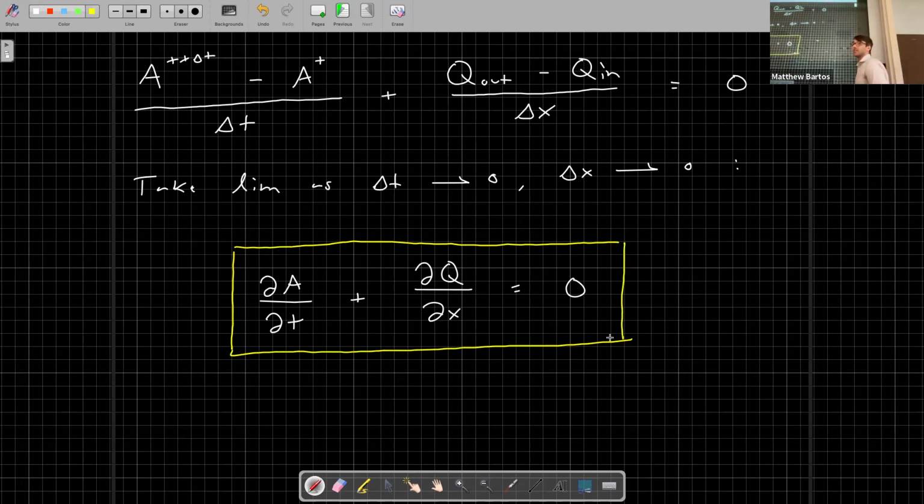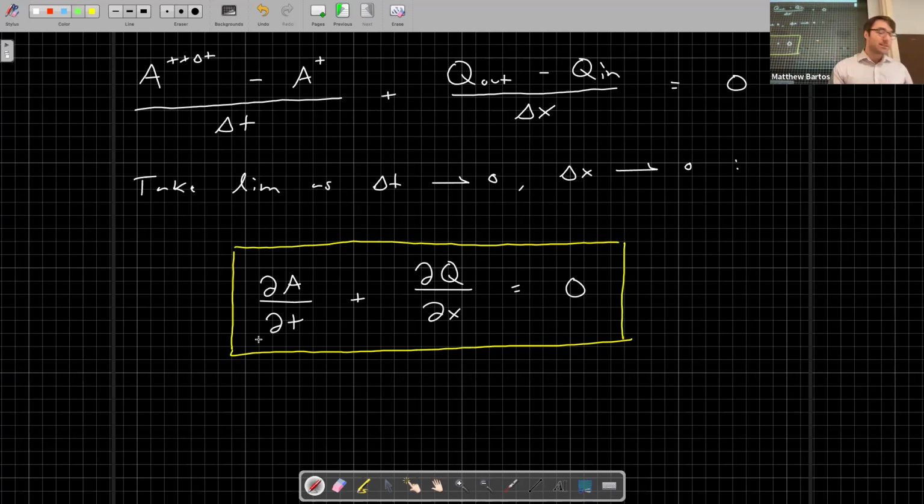It looks like a scary partial differential equation with dAs and dQs and dts and dxs, but it's stating something relatively simple: the mass flow rate in minus the mass flow rate out is equal to the change in mass within our control volume. Let me break down what each of these terms means.